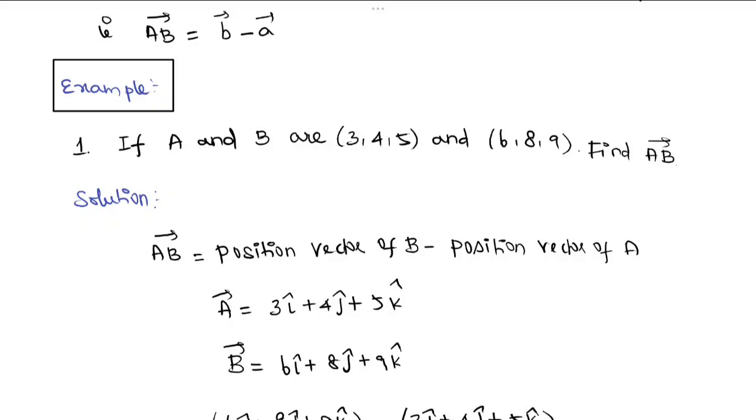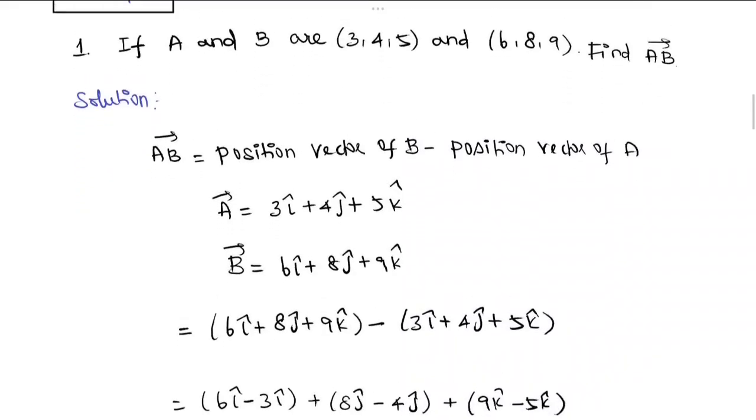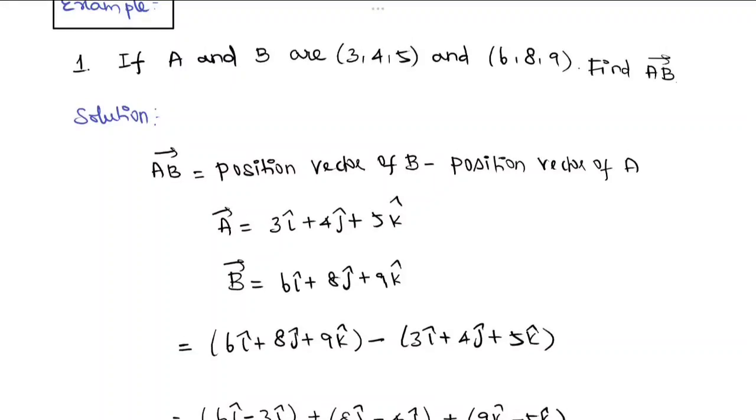This is A, this is B. So we have to write like this. A is already given as 3, 4, 5. Then we have to write 3 i cap plus 4 j cap plus 5 k cap. Similarly we have to write B vector. Then we have to apply this formula.